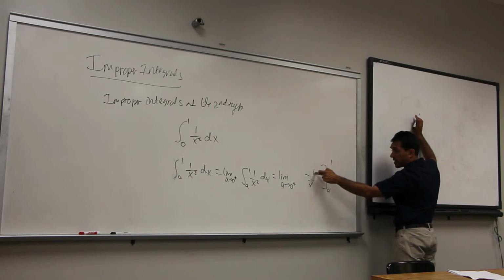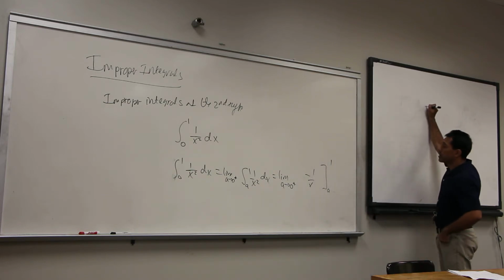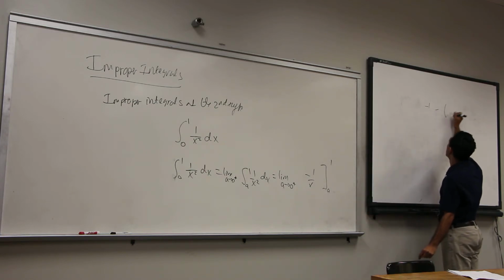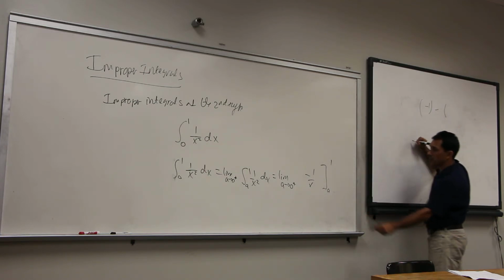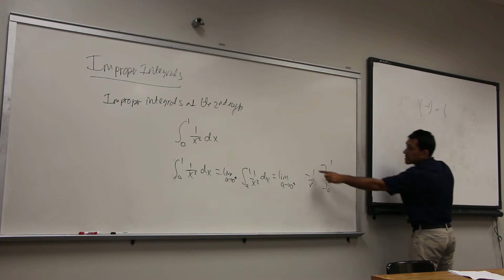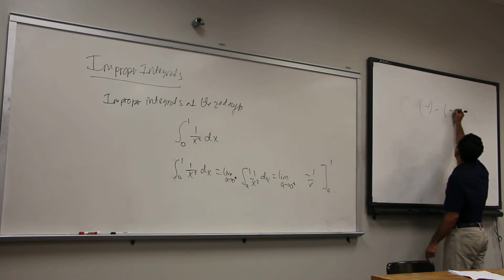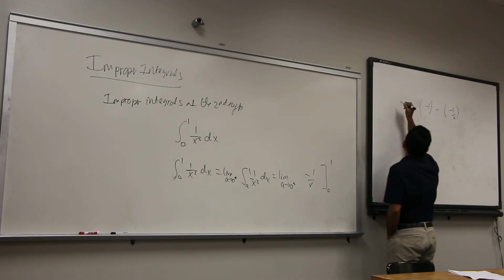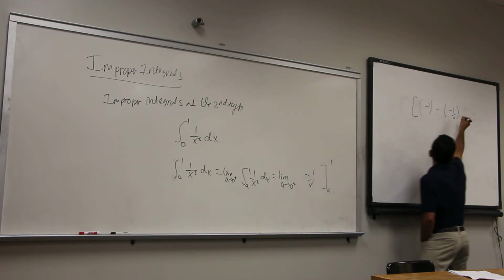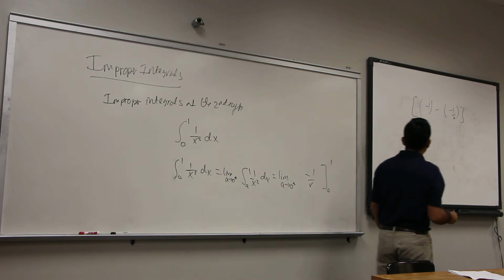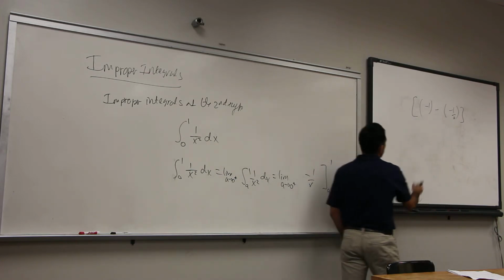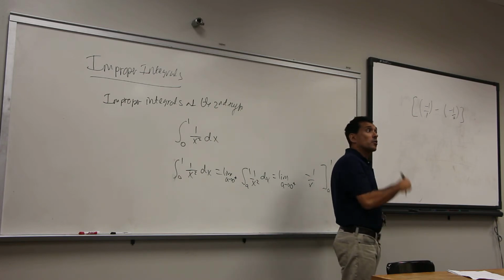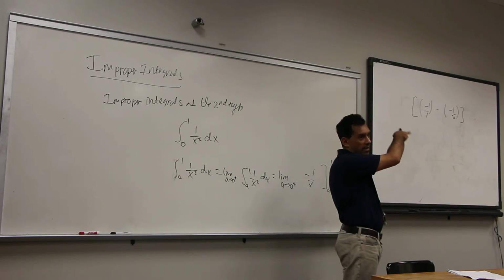What do you obtain when you evaluate this at 1? Negative 1. And when you evaluate this at a and you subtract, you subtract negative 1 over a. And you are going to let a go to 0 from the right on that thing.